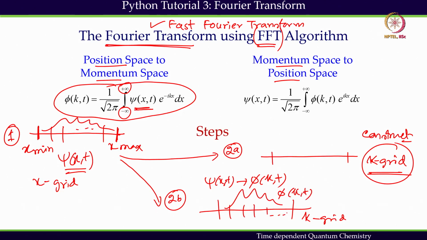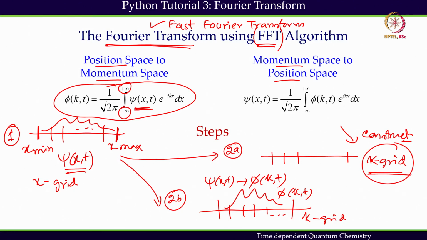When we are constructing this k grid, we cannot just randomly construct it. There is a particular protocol, or particular restrictions, we have for the Fourier transform of the grid, and that we will go over very soon. But the bottom line is that we have to follow two different steps.